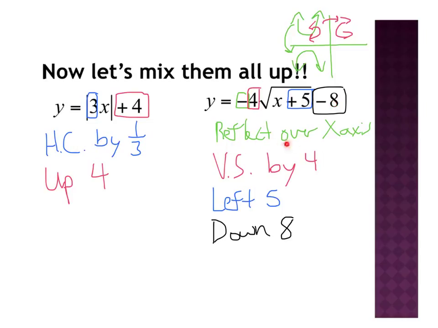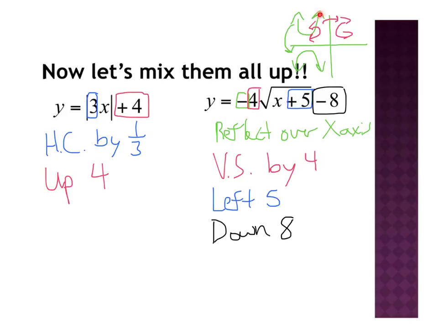Let's talk about that reflecting over the x-axis one more time, because reflections are a little bit weird. So since it's outside, I know that it's a vertical transformation of some kind. Well, these here up top are parabolas, but the concept is still the same when we're talking about reflections, although the graph would look different for a square root.